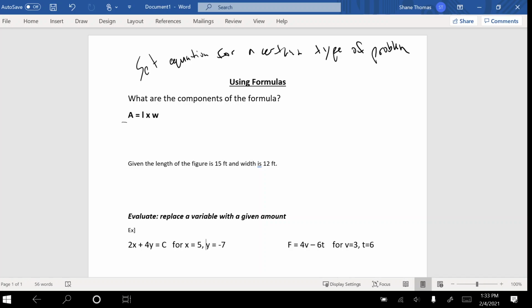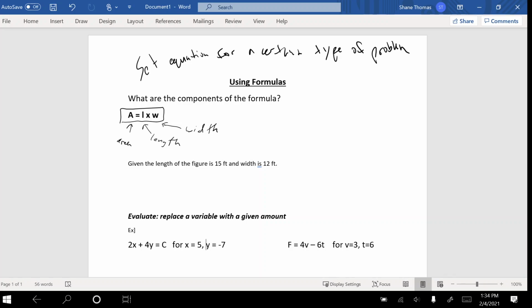So looking at this, I'm just going to use this as an example. I need to break down what this is. So A is area. L is length. And W is width. Correct. That's multiplication.